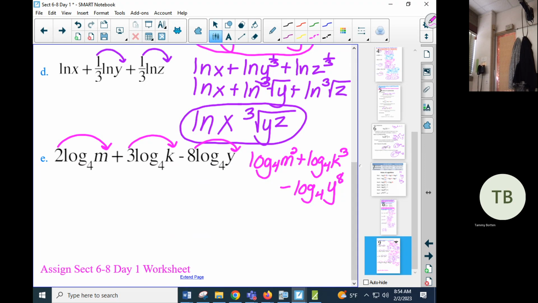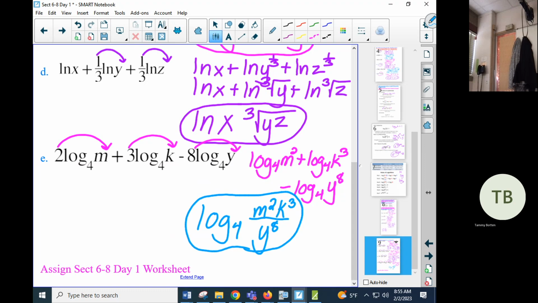So I have to put it all as one. So I'm going to write log base 4. What do you think I do with these two? If it's plus, I multiply. So on top I have m squared k to the third. And then if I'm subtracting this one, where do you think this is going to go? On the bottom. Do you get that? So this is on the bottom like that. That's super hard.